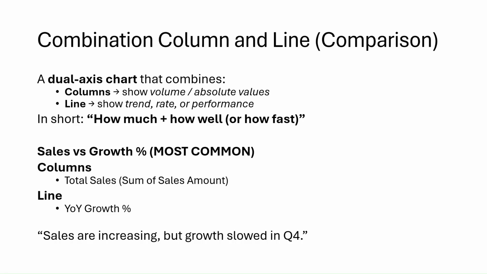So it is very important how you want to do this analysis. So sales versus growth percentage. Total sales you can use, and YOY growth percentage you can use as the line.